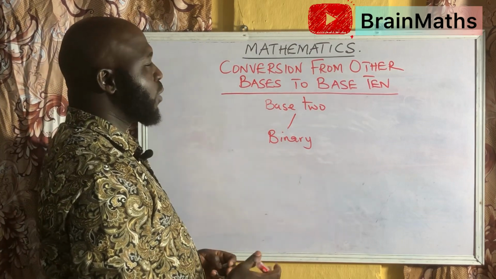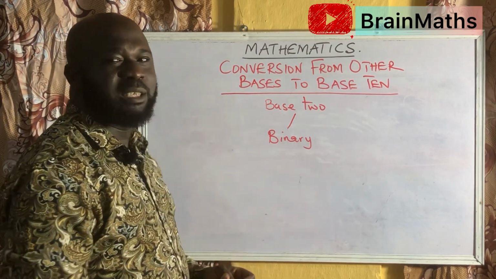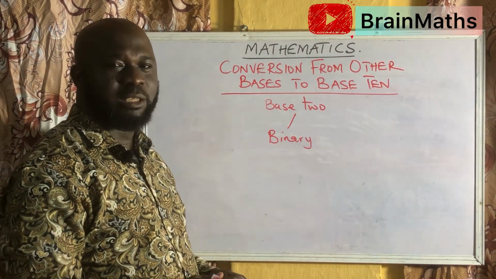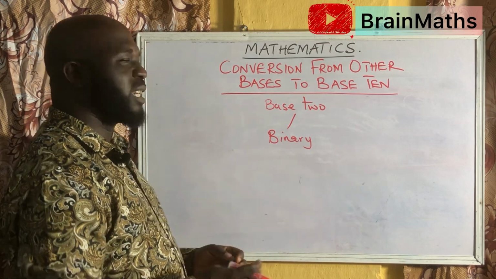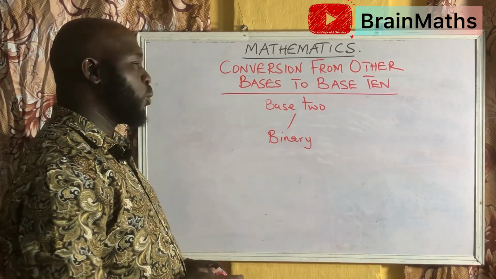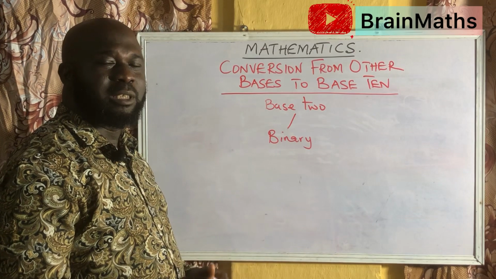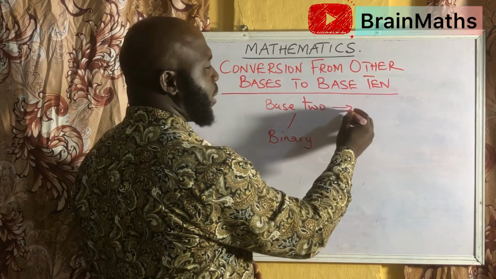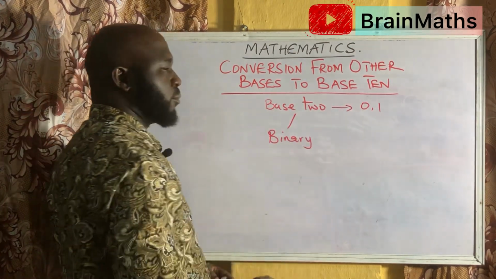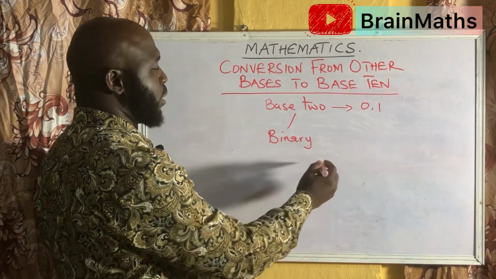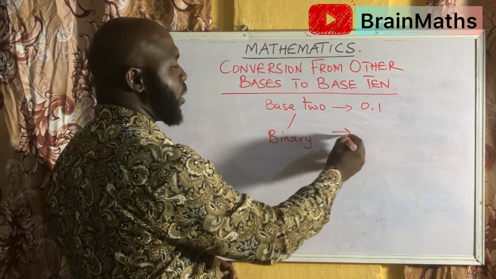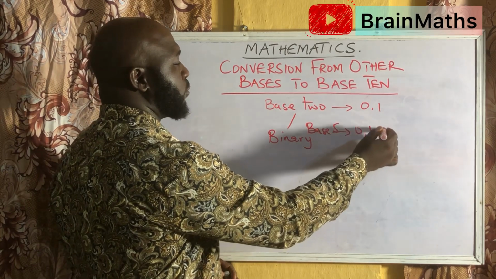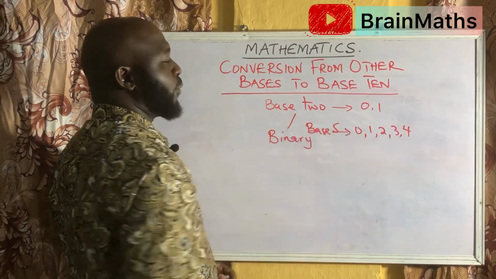But assuming we have numbers in base 11, for instance, don't forget that I told you in our previous lessons that all the numbers in any base given to us would not reach the given base. For example, if you're working in base 2, your expected numbers are 0 and 1. If you're working in base 5, the numbers you are expected to have are 0, 1, 2, 3, and 4.